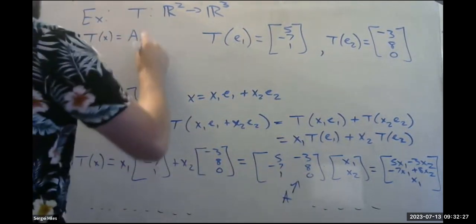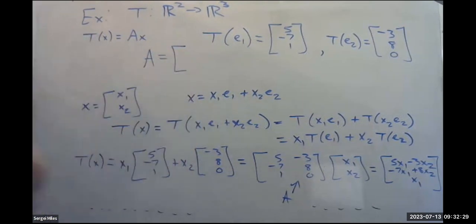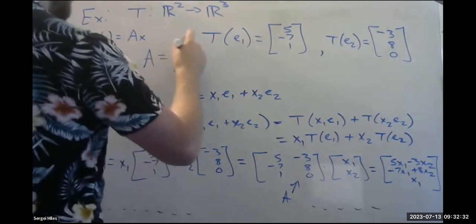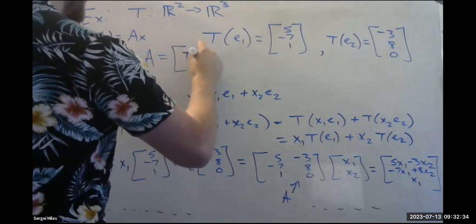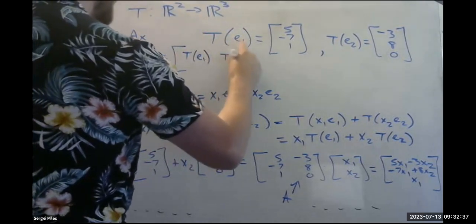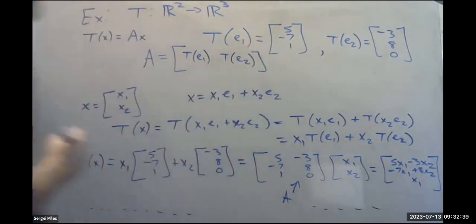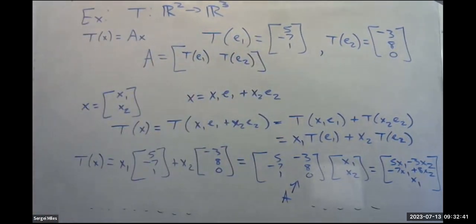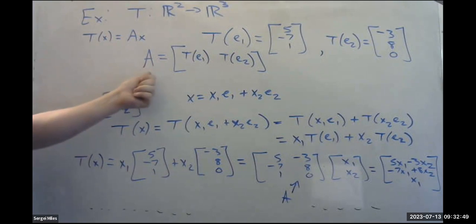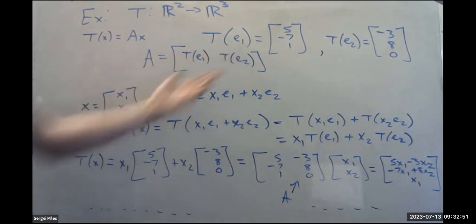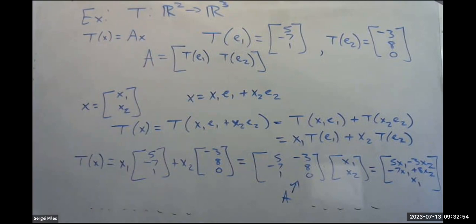In other words, the matrix A was the transformation where each column was T of e1, T of e2. See how this happened here? So in fact, you can use the identity columns to figure out what your matrix A is by plugging them into T, or if the problem tells you what they are, then the problem is telling you the matrix A. You just have to piece together what that means.